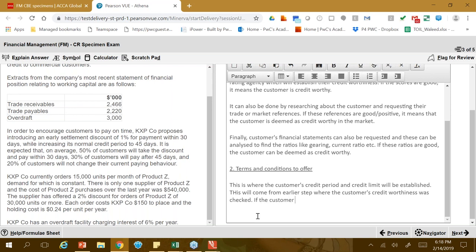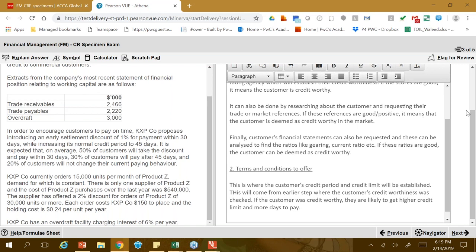If the customer was creditworthy, they are likely to get a higher credit limit and more days to pay. And that's it, 1 mark. 1 mark for saying this on our exam.